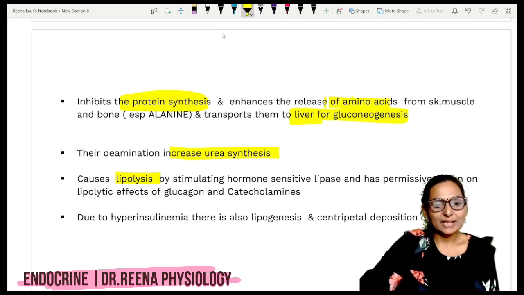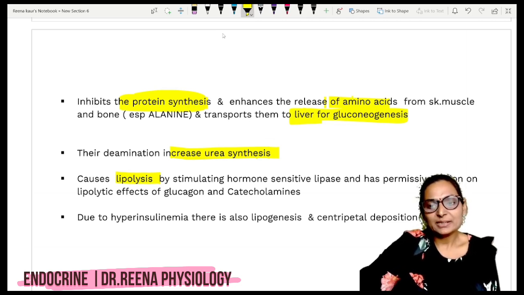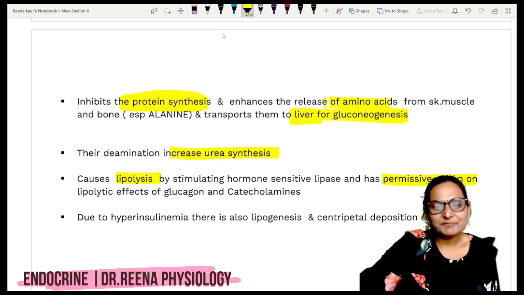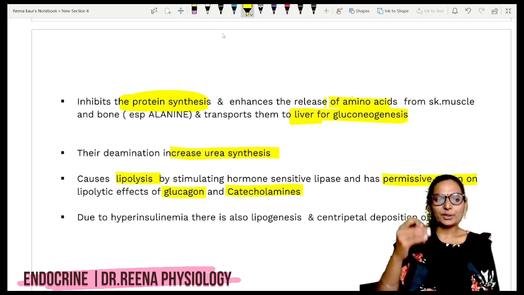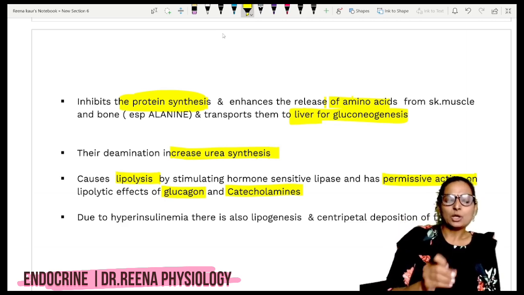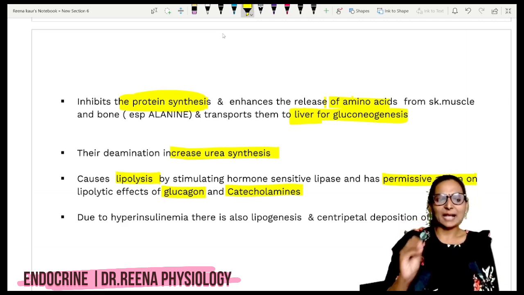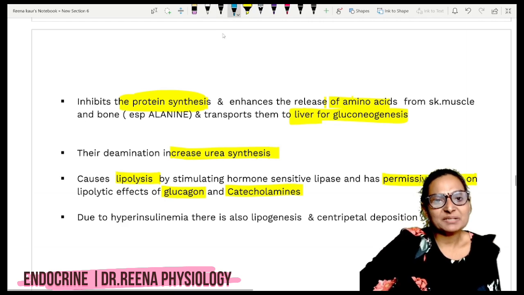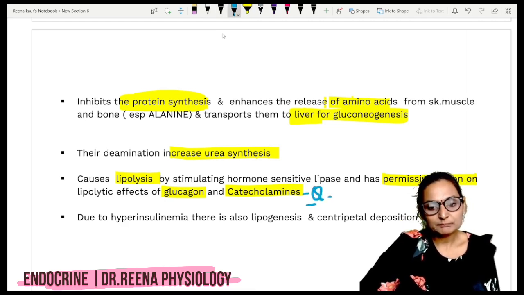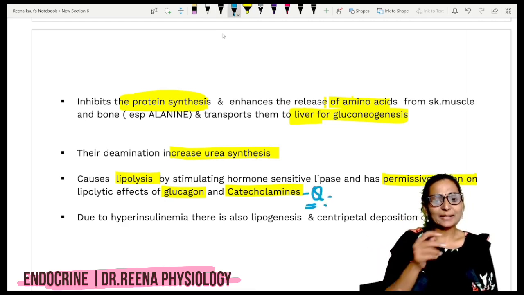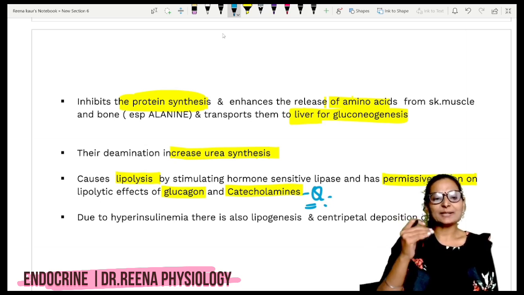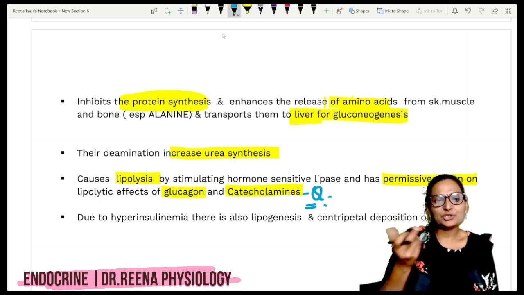Lipolysis. And very important, it has a permissive role for glucagon and catecholamines. That means it is going to increase the sensitivity to the hormones glucagon and catecholamines. So this is a very specific MCQ: glucocorticoids have a permissive role for which hormones?